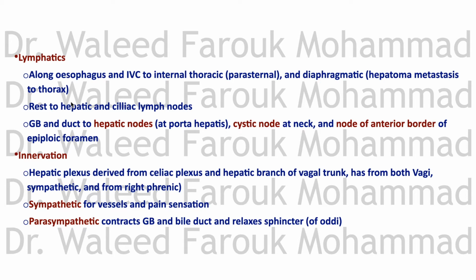The rest of the liver drains to the hepatic and celiac lymph nodes. Hepatic lymph nodes are at the porta hepatis, and celiac lymph nodes are around the celiac trunk.